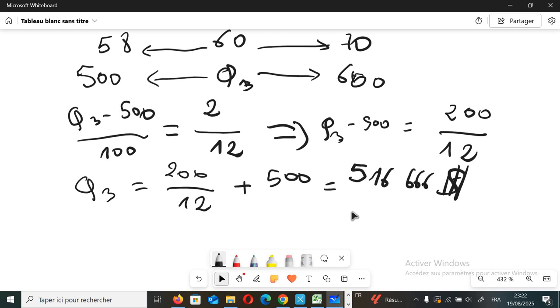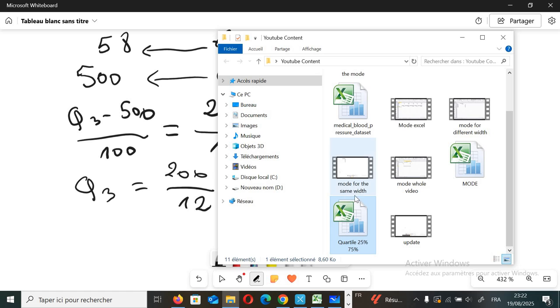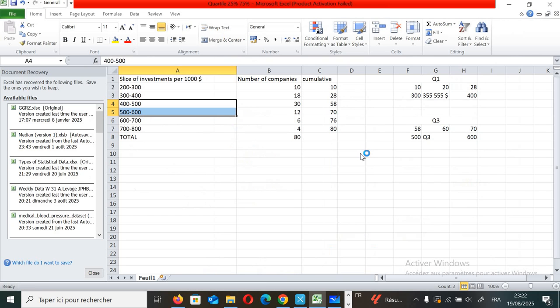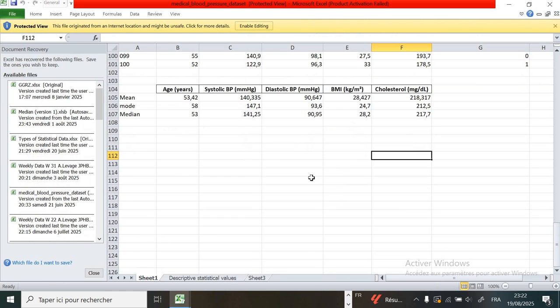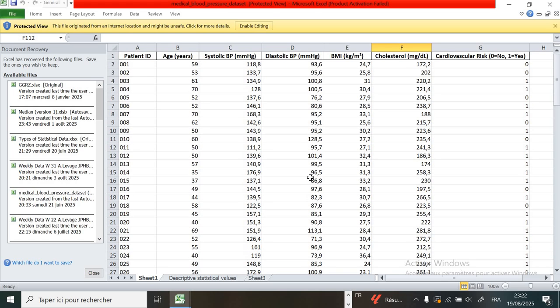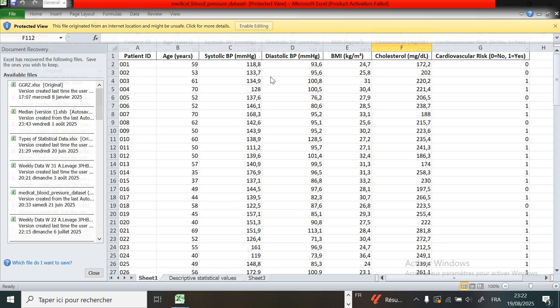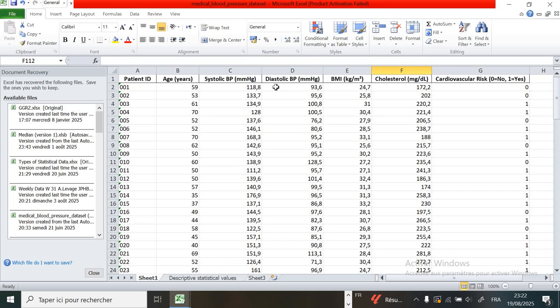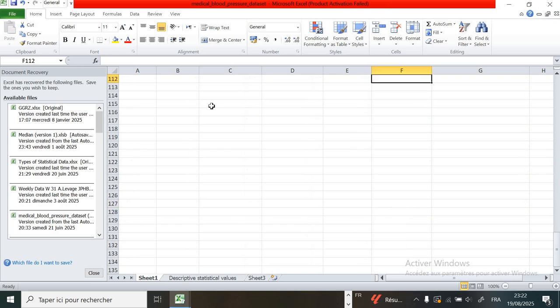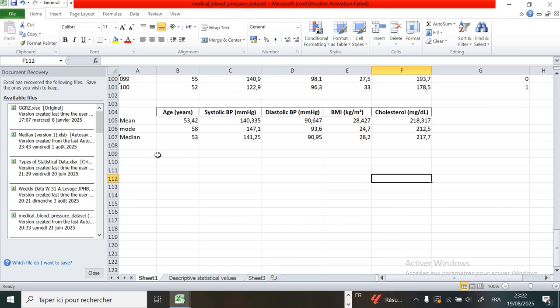Excel allows us to calculate the value of the quartile directly. Let's get back to the data for the medical blood pressure we analyzed. Here we have the measures of central tendencies we talked about before.